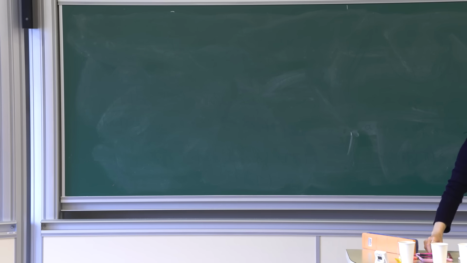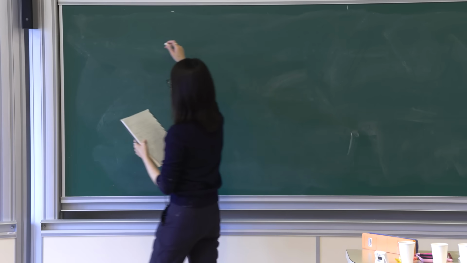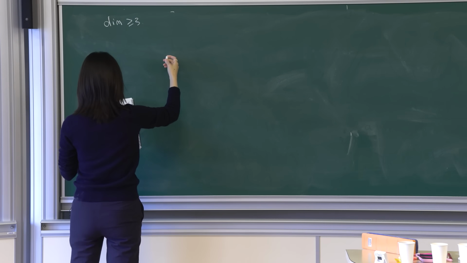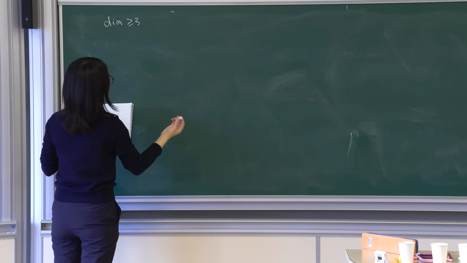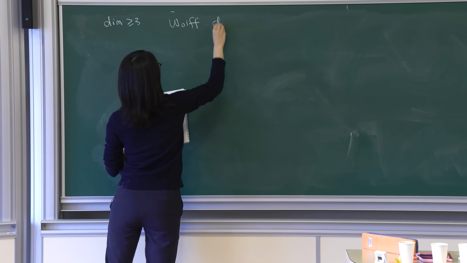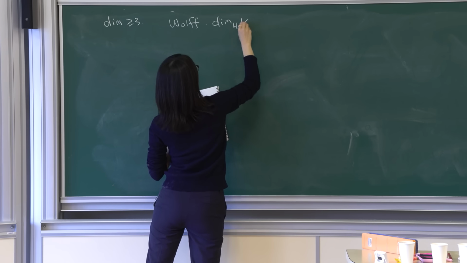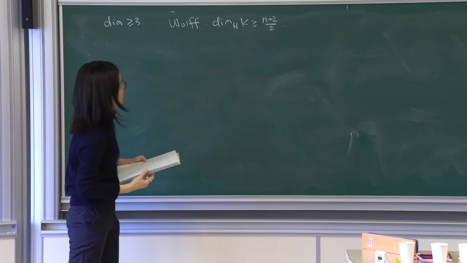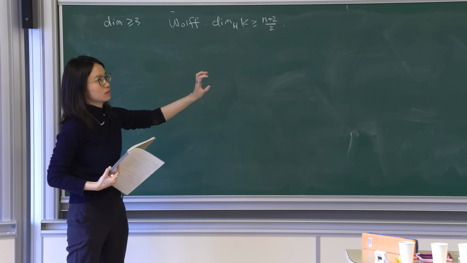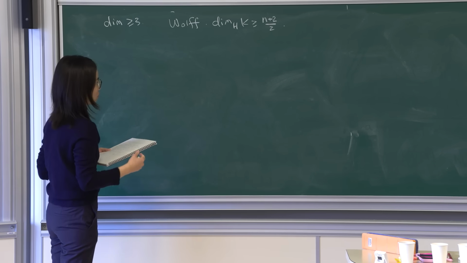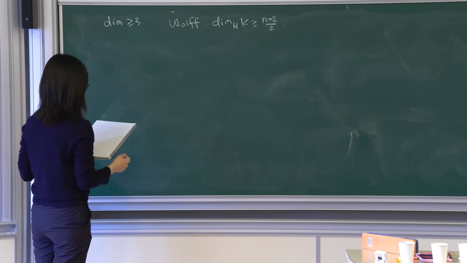So, what happens in dimension 3? We said already the Wolff's bound: the dimension of the Kakeya set is greater or equal than (n+2)/2. Also his bound works for delta tubes in any field, or lines in any field.